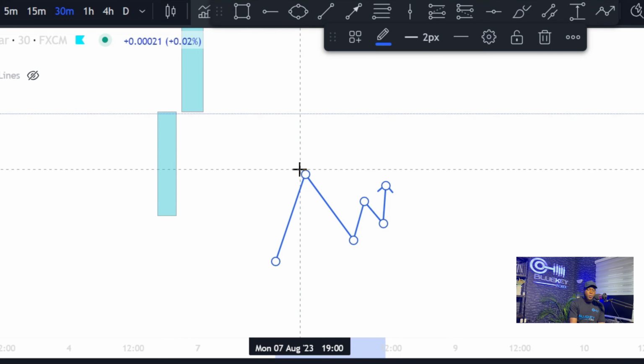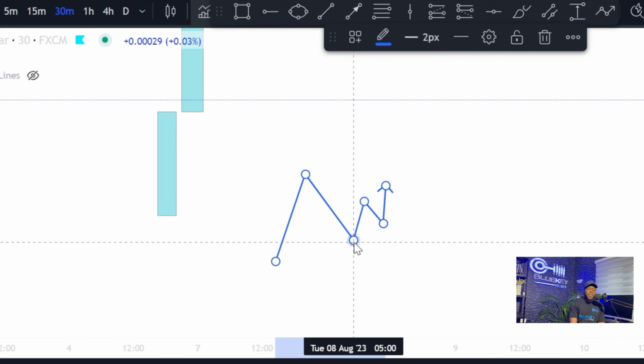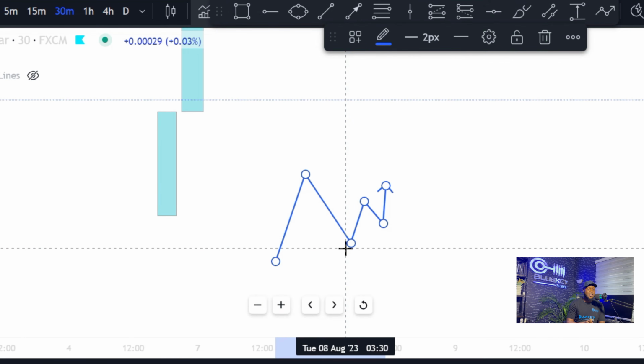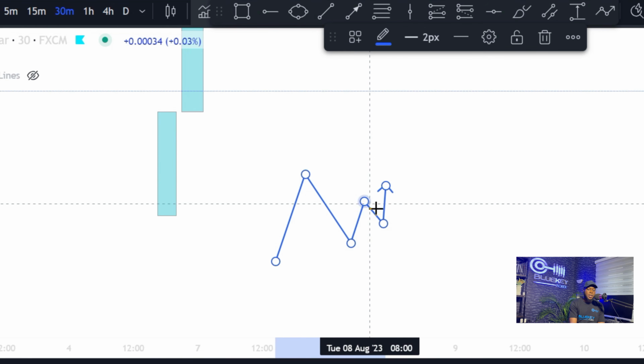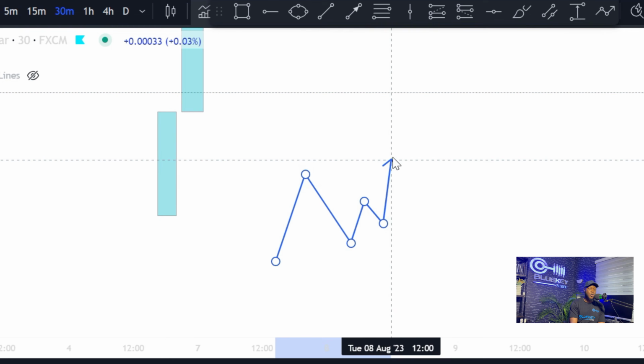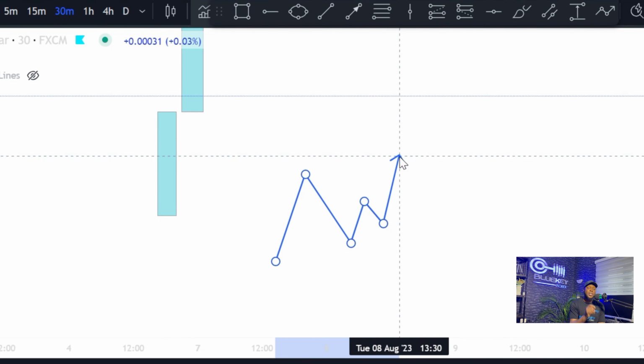Now, how do we consider this to be our higher low? The confirmation that we need to see that this is a higher low is when we have a break in structure. That is to say that this particular high right here has been broken and the price closed just above it. Not closing by a wick, but closing with a full body.